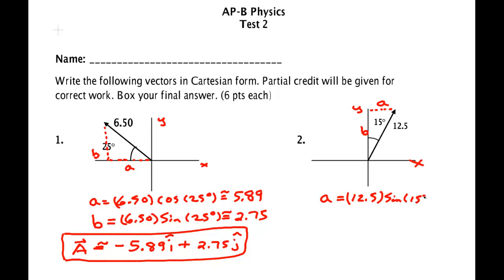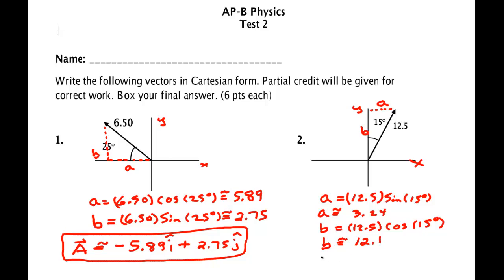Sine of 15 degrees. So A is approximately 3.24. B is equal to 12.5 cosine of 15 degrees, because for B we're doing the adjacent side.